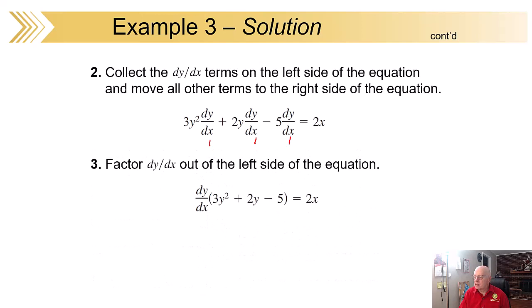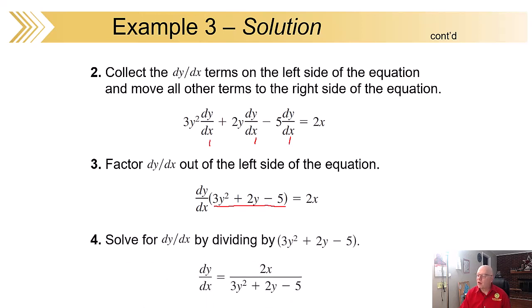There you go. dy/dx, and what remains after you factor it out? And your lonely 2x over there. Now, how do you get dy/dx? Divide both sides by the factor of dy/dx. And what you have now is dy/dx. You've done it. Implicit differentiation at your service.